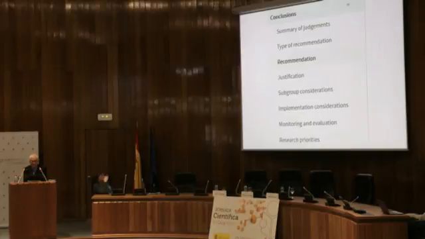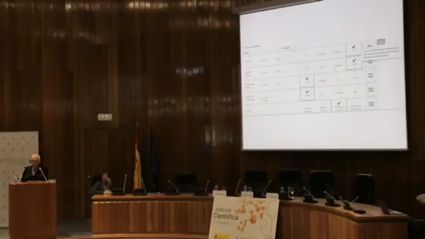Based on that, to come to a recommendation, provide your audience with the justification for the recommendation that was made, any subgroup considerations that are relevant, and implementation considerations about monitoring and evaluation, and research priorities.